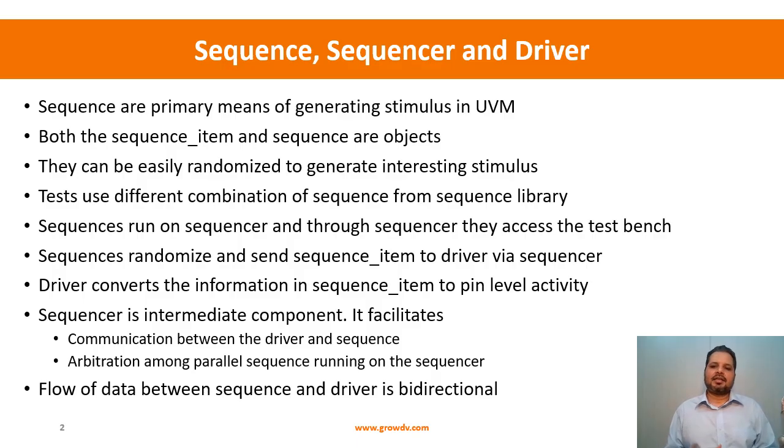So we have looked at the sequence item and how to use the UVM sequence item to model the transaction, like how we can write the different functions that can be used by the different components within the test bench, and how it satisfies all three requirements of being able to generate the stimulus, being able to drive it, and being able to monitor it, and in the scoreboard how we can use it for the comparison, and then how while debugging we can print it.